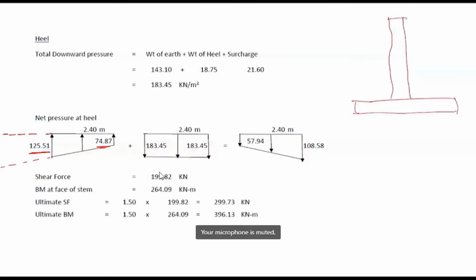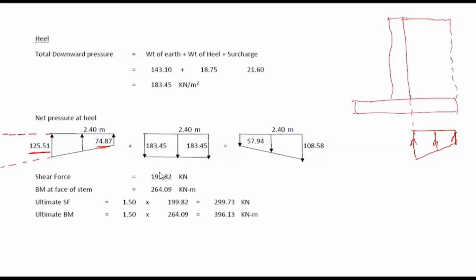Now we have also seen that at the heel, this is the distribution due to base pressure that will act upward, and there will be downward force due to soil above the heel and due to surcharge, and that will act downward. The intensity will be constant.